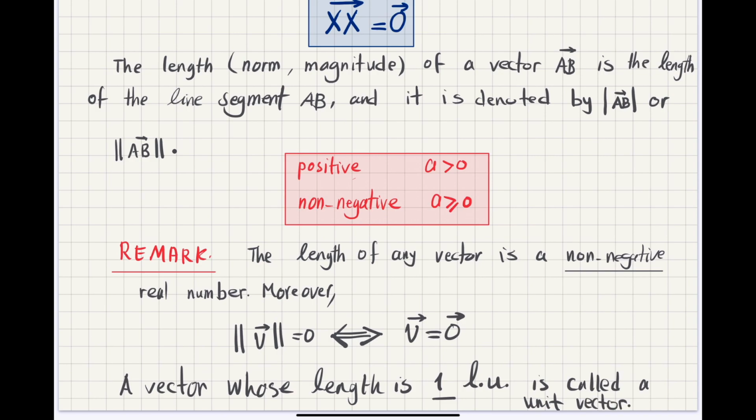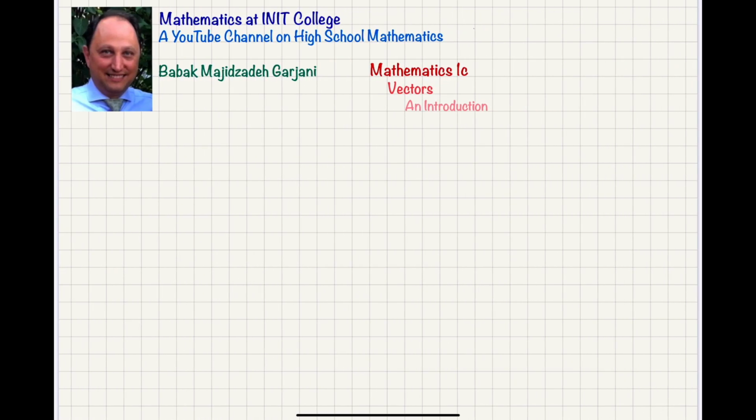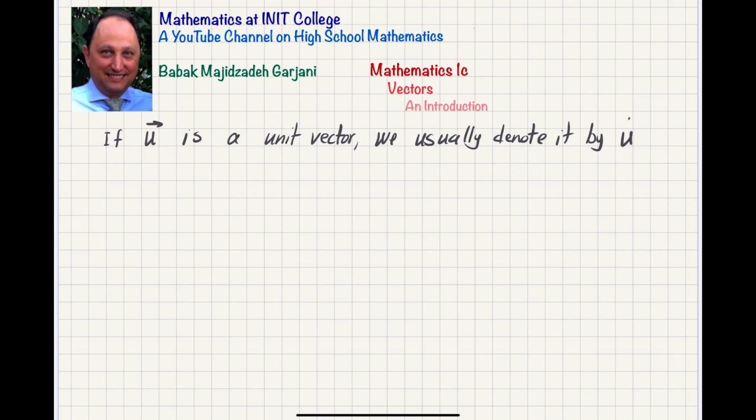Yes? Okay, and by the way, if you want to denote a unit vector, if u is a unit vector, we usually denote it by putting something like a hat on it instead of the arrow.